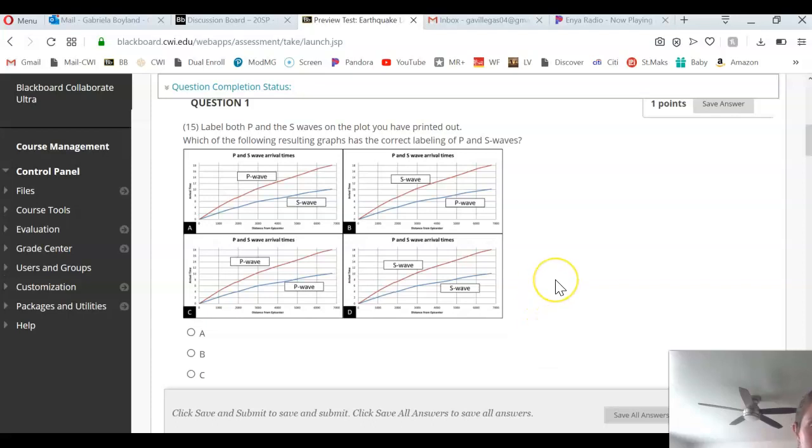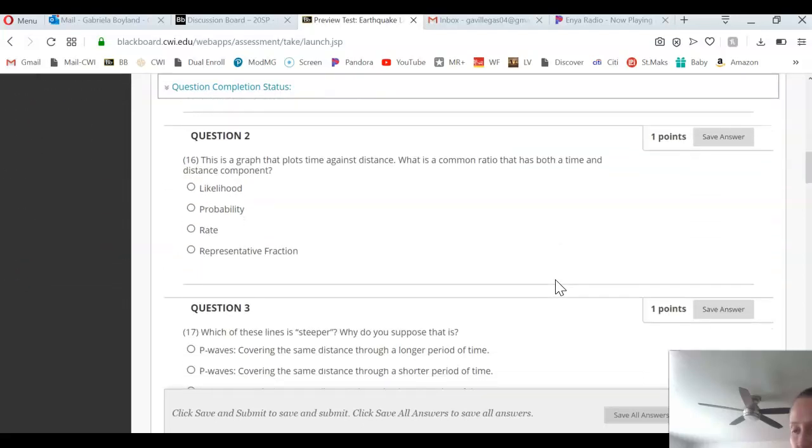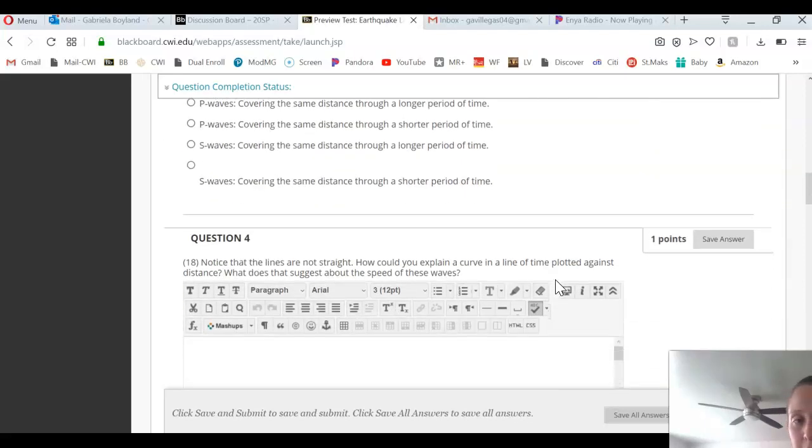Here I'm asking you to label them. Second question, which is question 16 of your lab manual, is asking about a graph that plots time against distance, the one that you just got. What is a common ratio that has both a time and a distance component? That's up to you to choose.